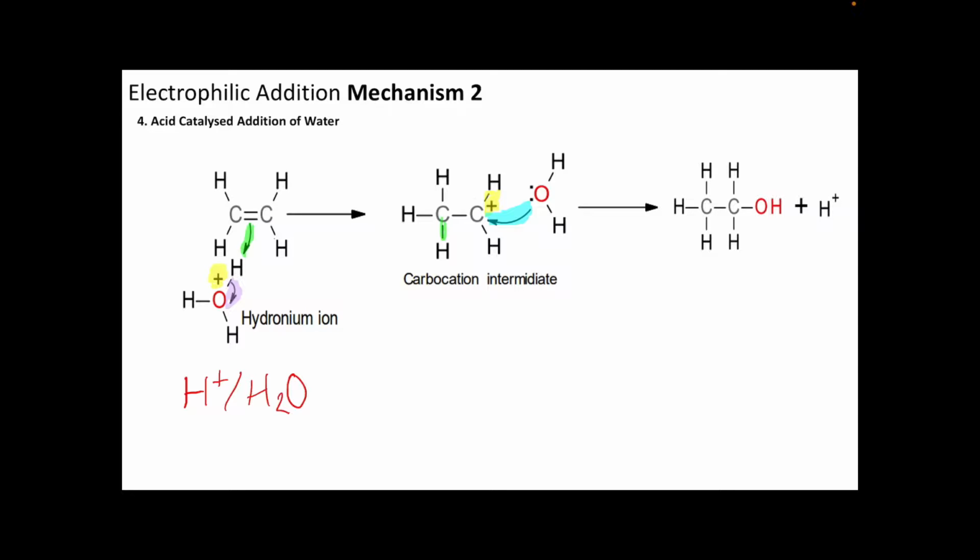And we get an alcohol formed. And what also happens is a lone pair will go onto the oxygen, and you will get your hydrogen ion regenerated. So it's a catalyst.